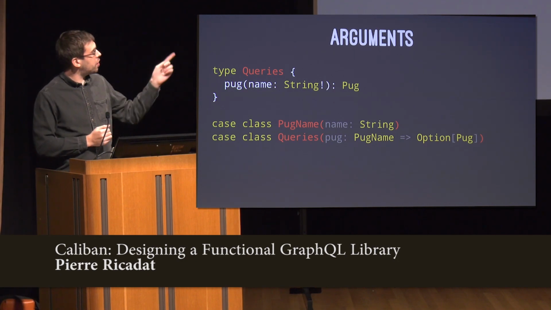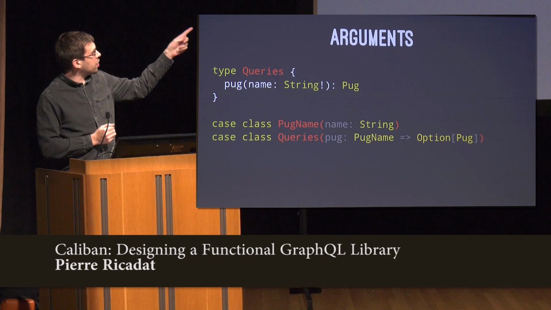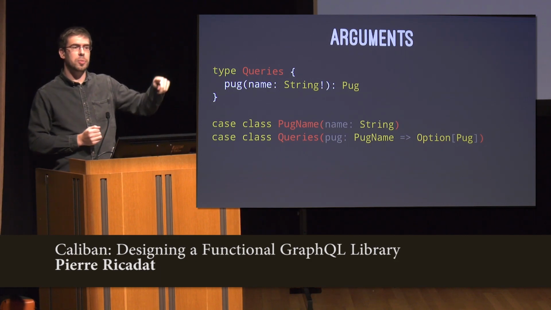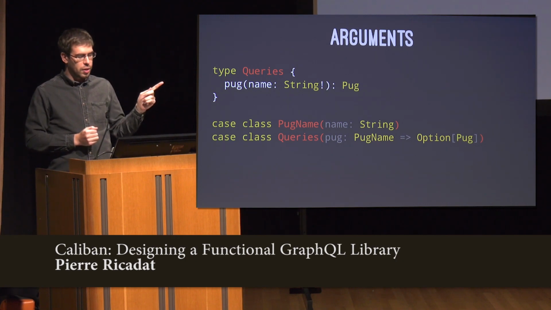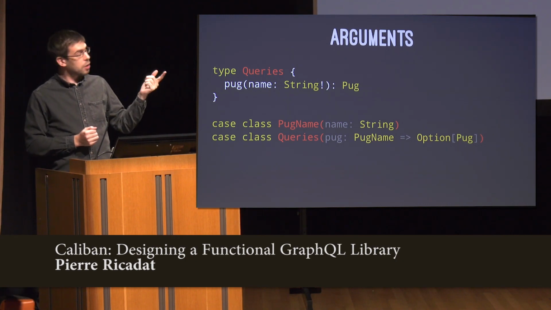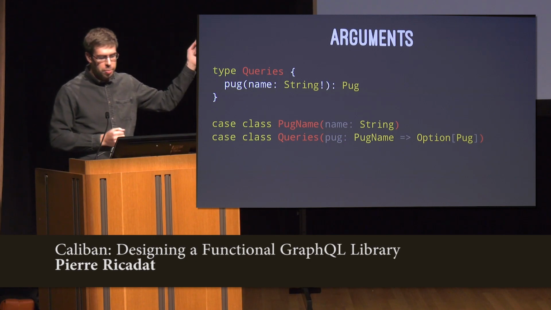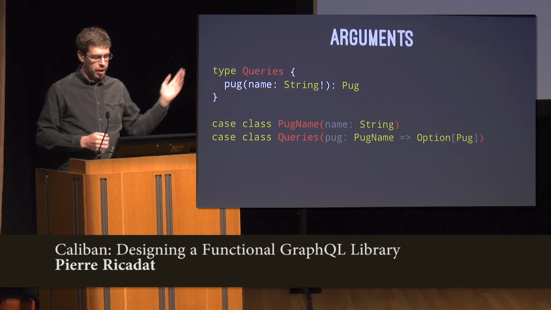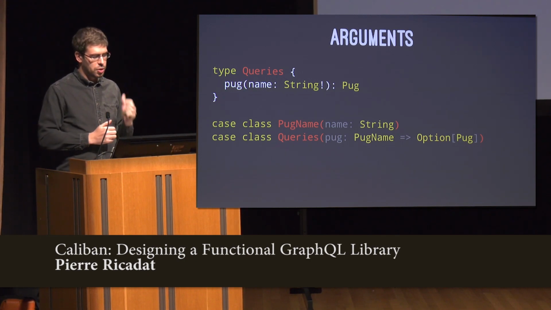Why did I use a PugName case class, by the way, and not directly a function from String to Option of Pug? That's because we need a way to name the argument. You can see on the top that the argument is called name. If I was using a String, there would be no name. So I have to use an intermediate case class just to name the argument.